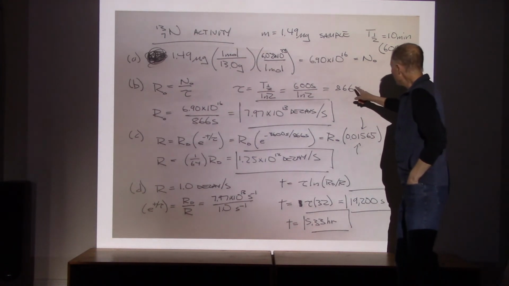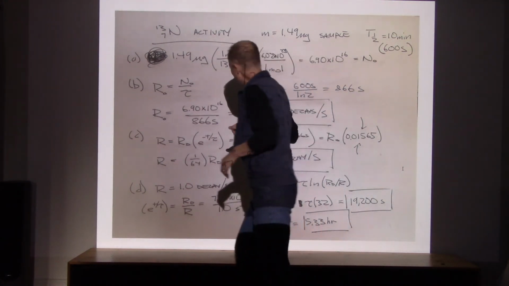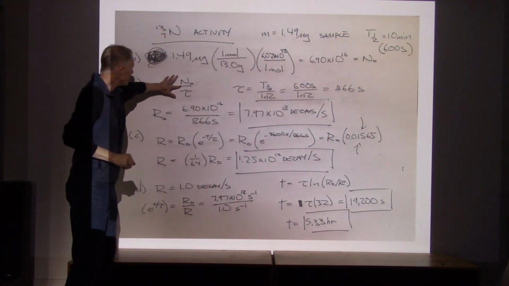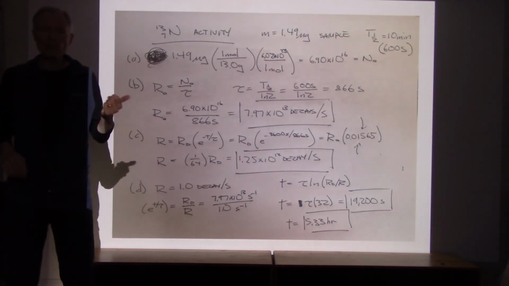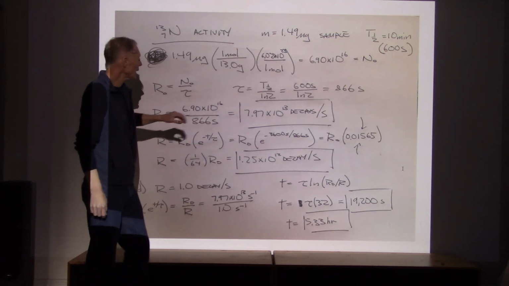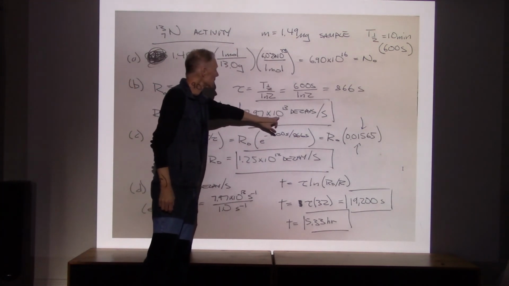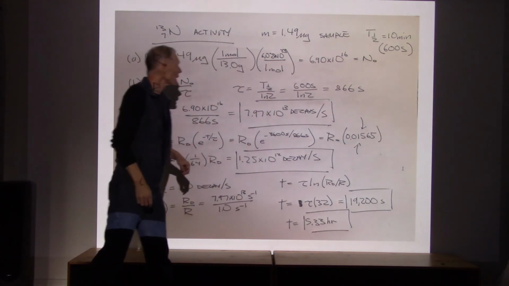All right, so with this in place, I can put in the N naught value and then divide that by the lifetime. And when I measure that, I get 7.97 times 10 to the 13 decays per second.